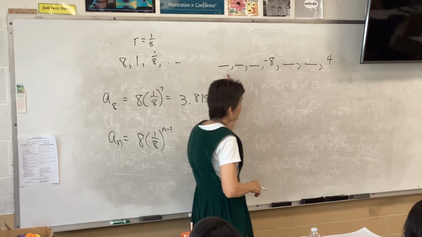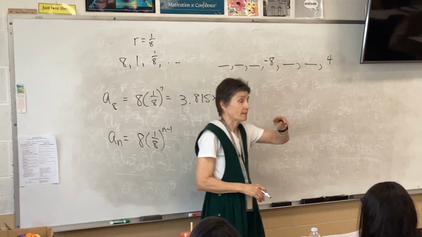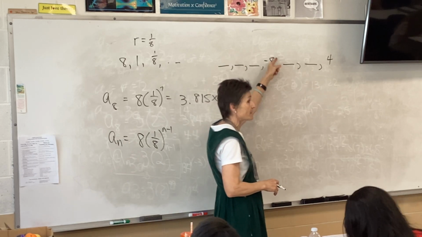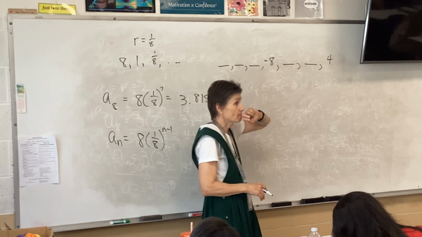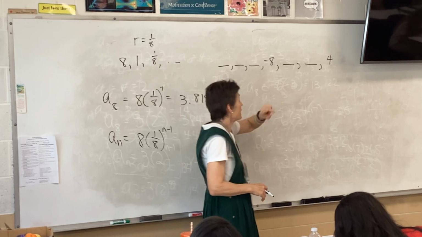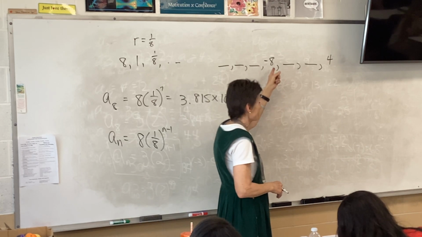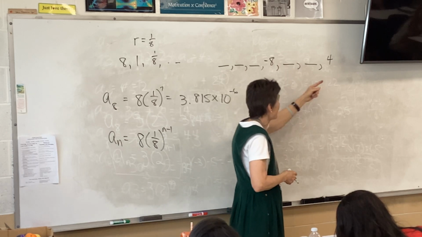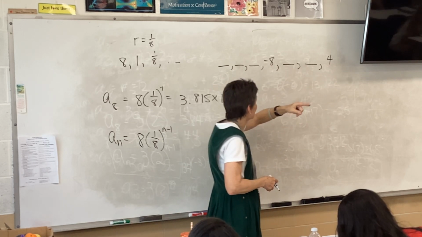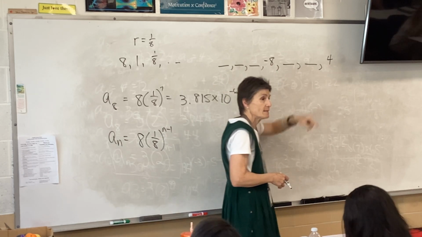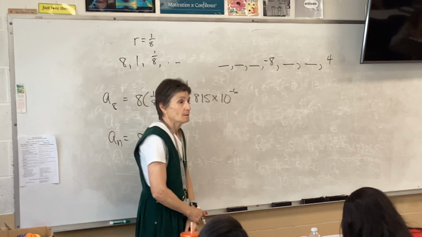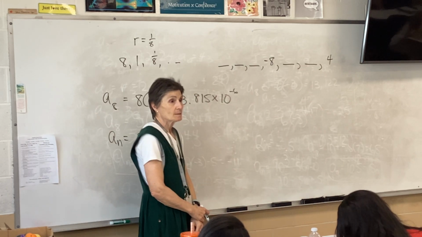So this is arithmetic, which means what am I doing? To get from here to here to here to here, I am adding. And all I know is that the fourth term is this, and the seventh term is that.